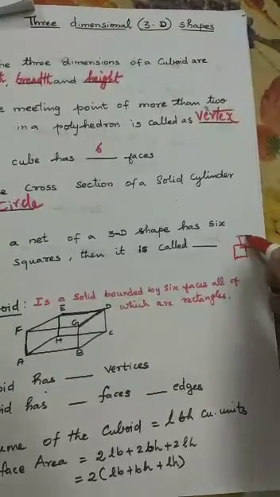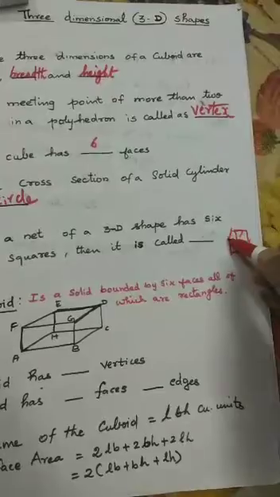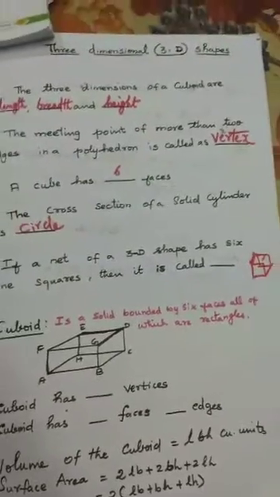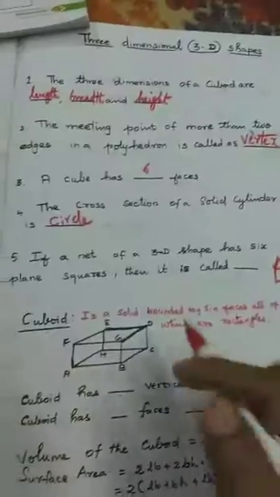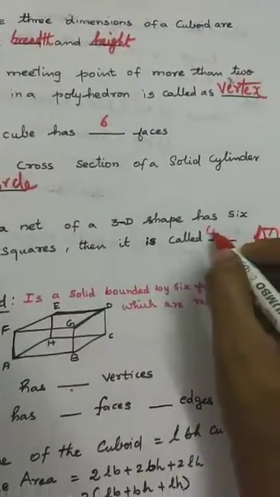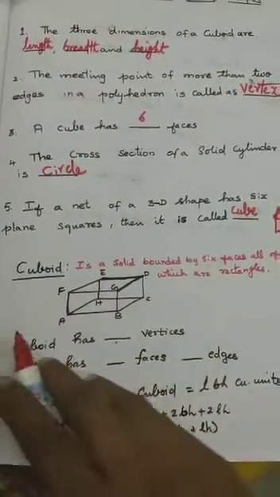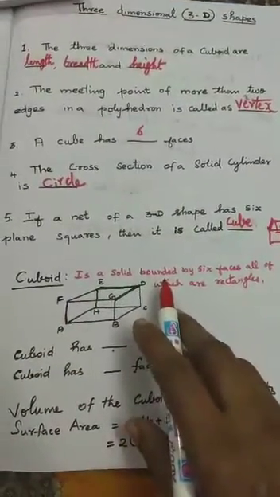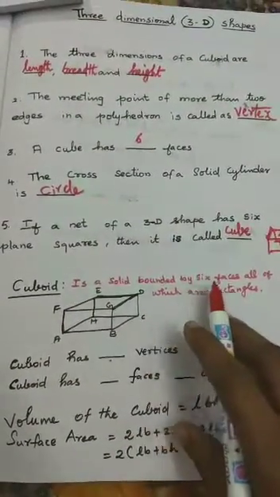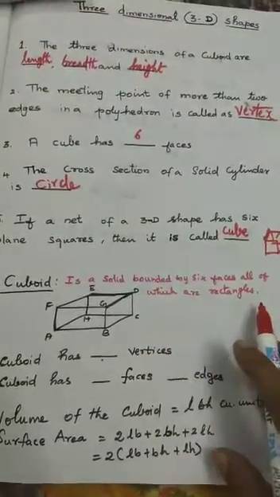If there are 6 plane squares, it is a cube. Plane squares means it is called a cube. Okay, then we shall see a cuboid is a solid bounded by 6 faces, all of which are rectangles.